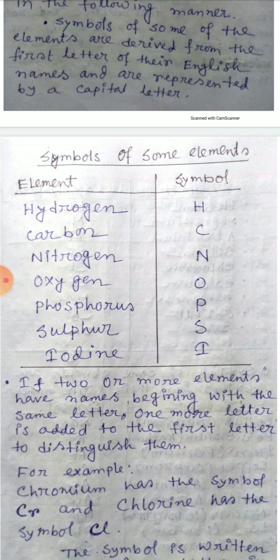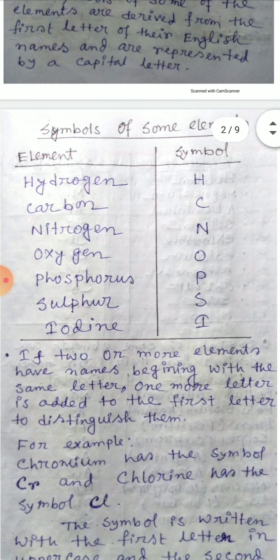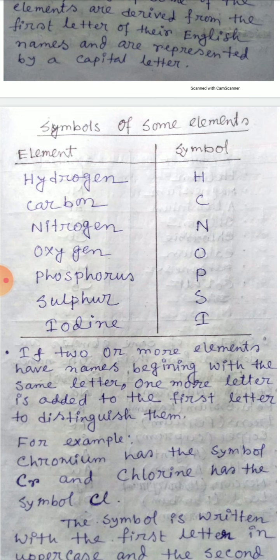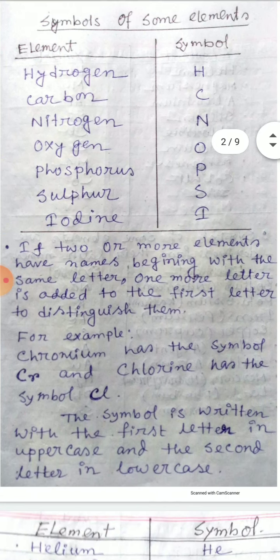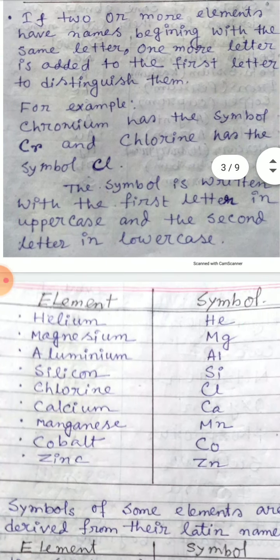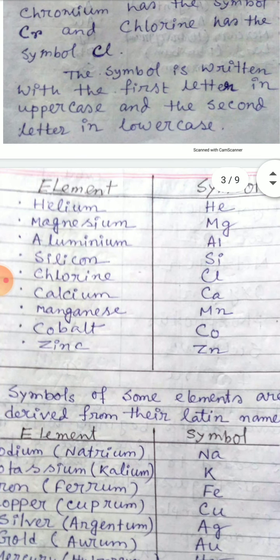In that case, you have to use two letters, the first letter and one more letter. For example, the symbol of chromium is Cr, the symbol of chlorine is Cl, not only C. Only C represents carbon. The symbol is written with the first letter in uppercase and the second letter in lowercase.